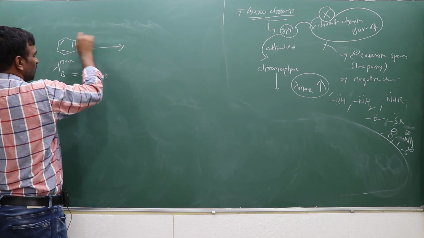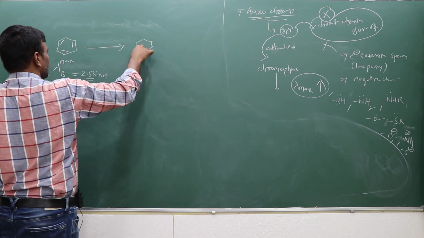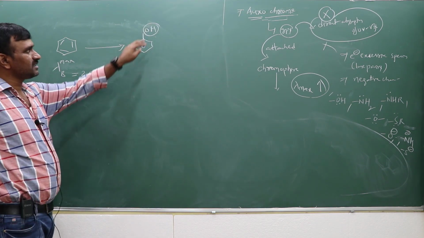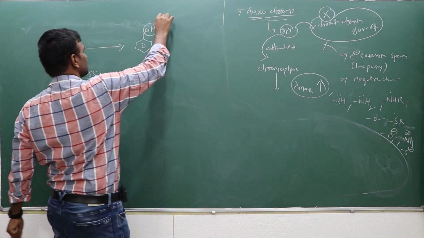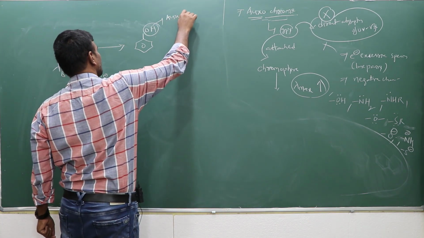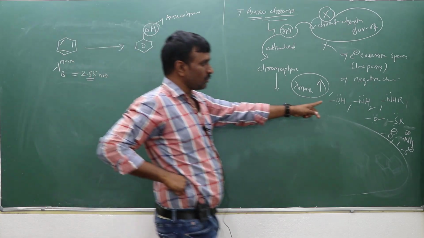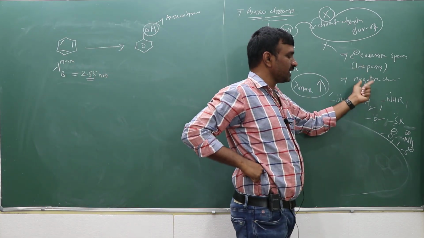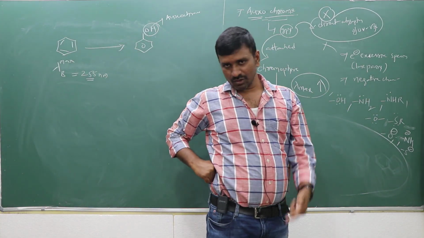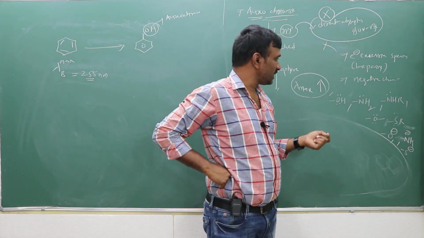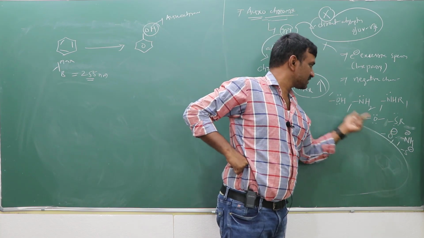Whenever this chromophore is attached to an auxochromic group, which group is this? The OH group is an auxochrome, an electron excessive species or negative charge species, like lone pair electron species.